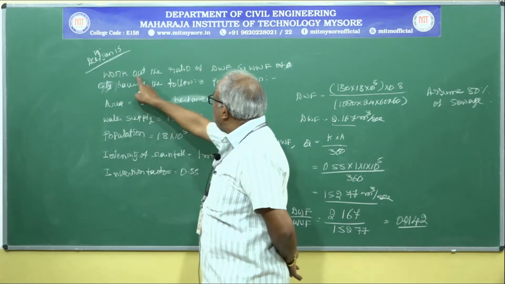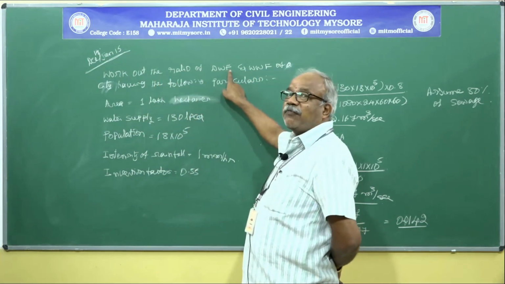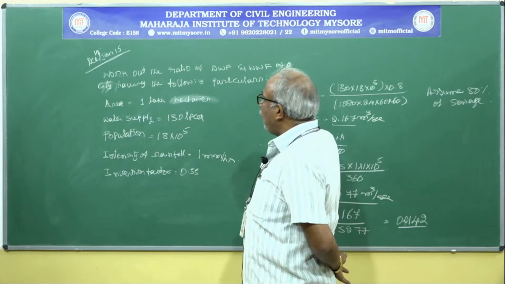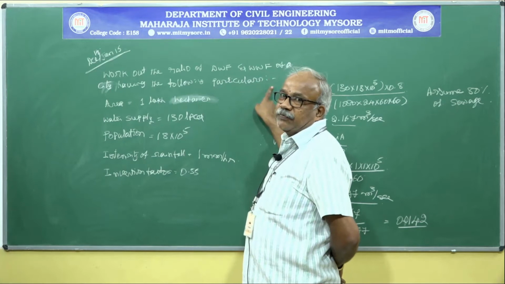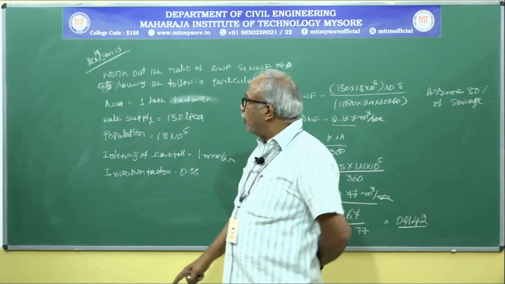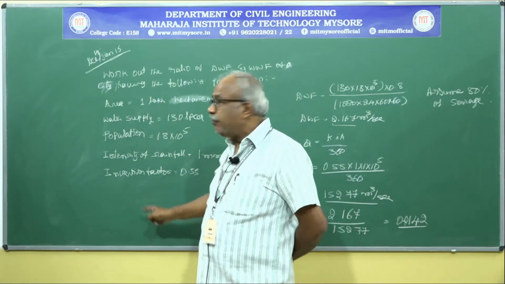Work out the ratio of dry weather flow and wet weather flow of a city having the following particulars. Are you clear or not? What is the data given?